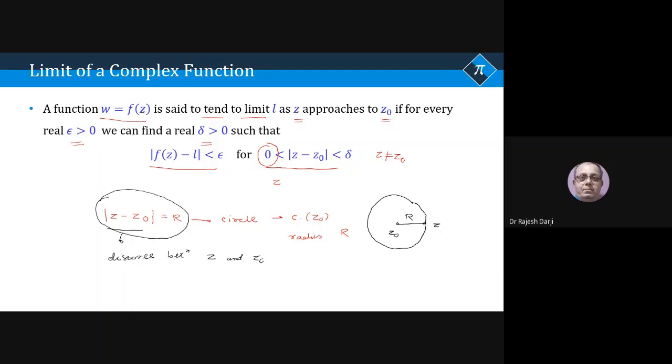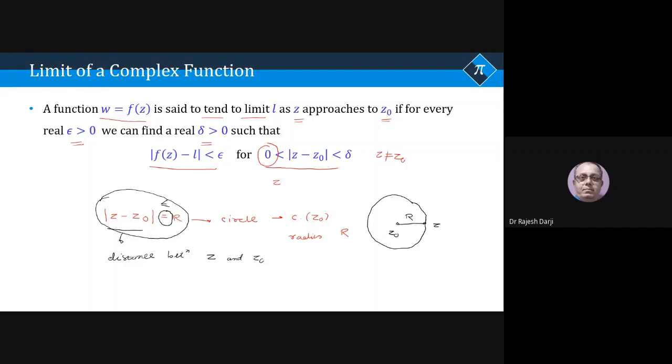Now in this definition or in this expression, if I replace this equal to by less than or equal to, so now it is all the points which are at a distance either r or less than r.